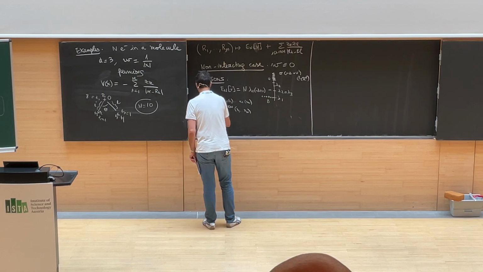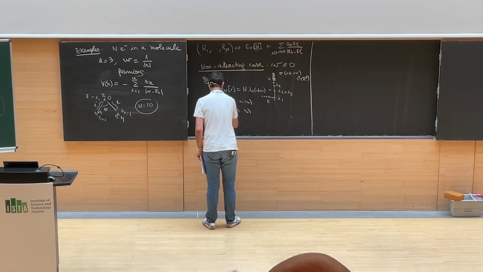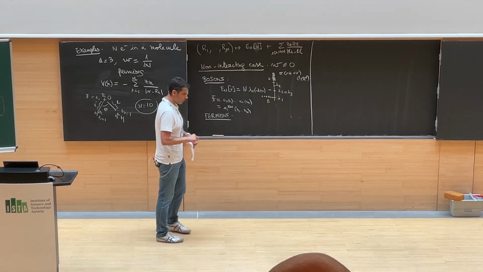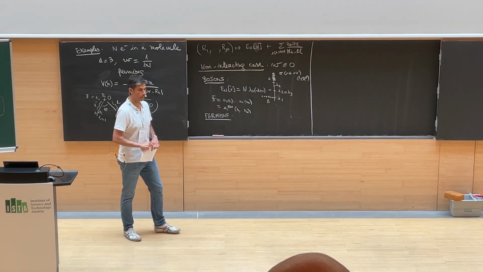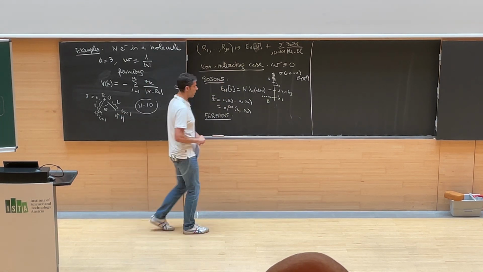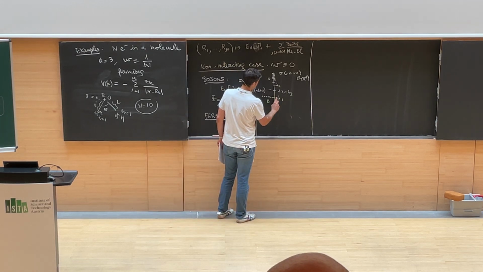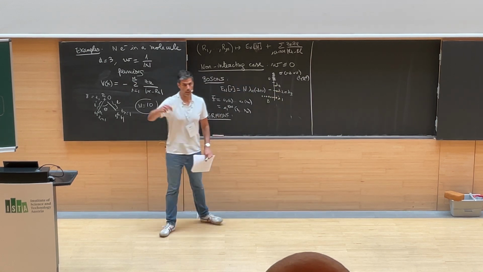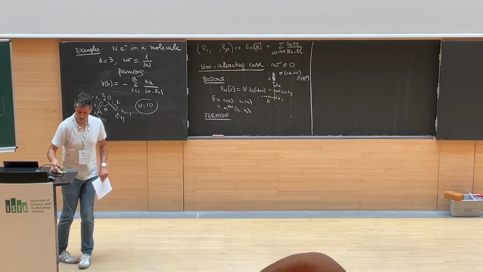And then for fermions, this was mentioned by Jan Philipp quickly. For fermions, I mean, you can't put them in the same state because psi is antisymmetric. So what you will do is you will just populate the eigenvalues. So here I can put two guys. So you populate the eigenvalues one after another.